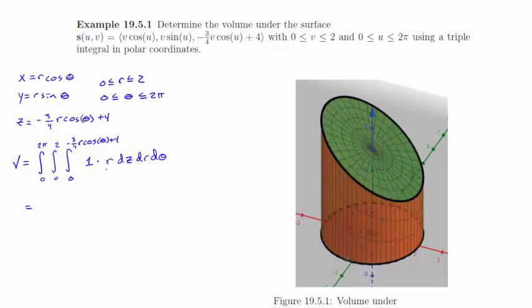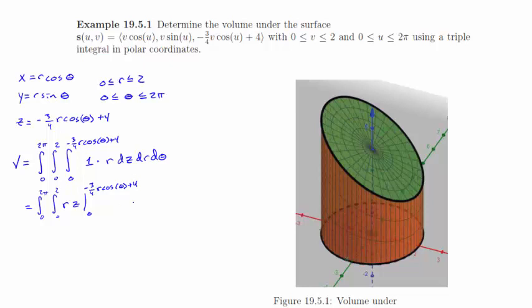This is going to give us the integral from 0 to 2 pi, the integral from 0 to 2, and then we're going to have a z that pops up. Let's just do it. r z evaluated from 0 to negative 3/4 r cosine of theta plus 4.